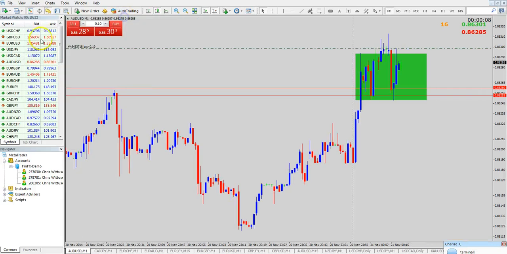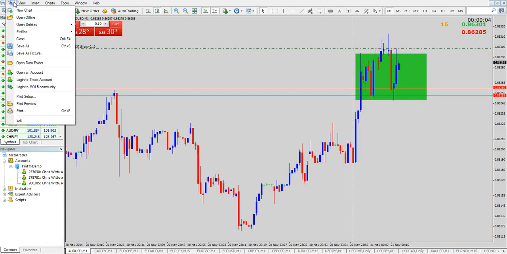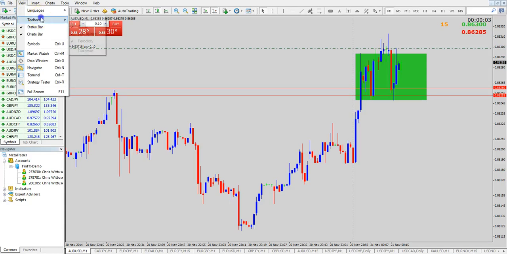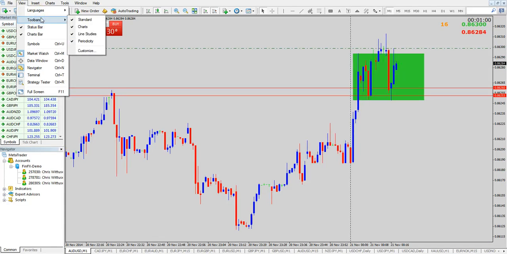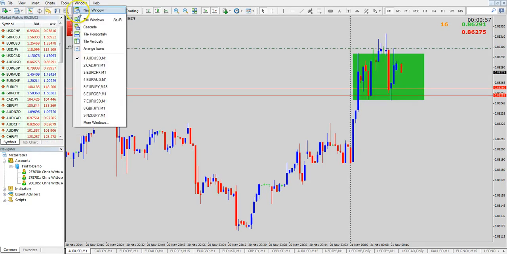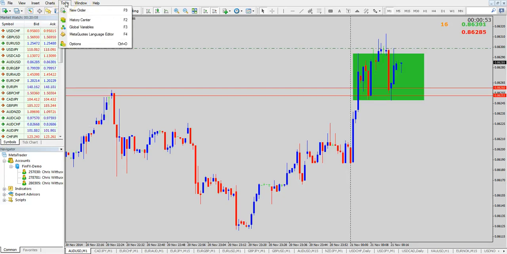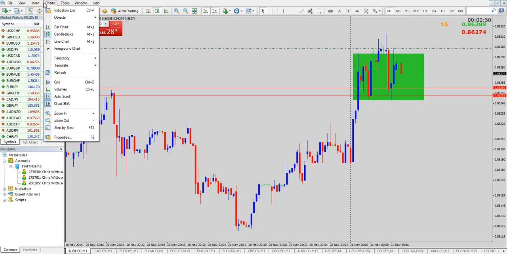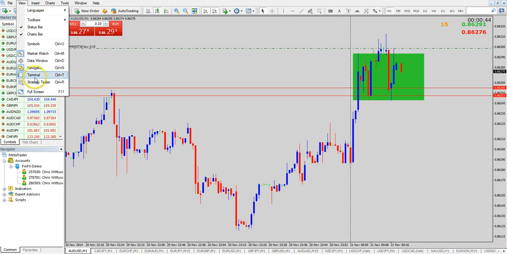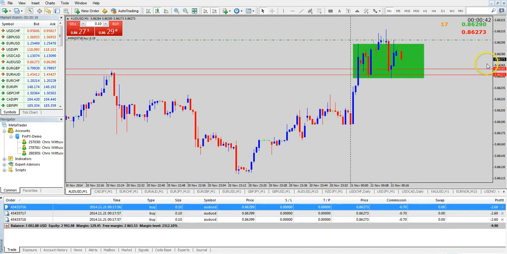That's not it. Whoops, sorry. No, I can't get it just for that window. Where is it? Terminal. There it is. Send data in there.